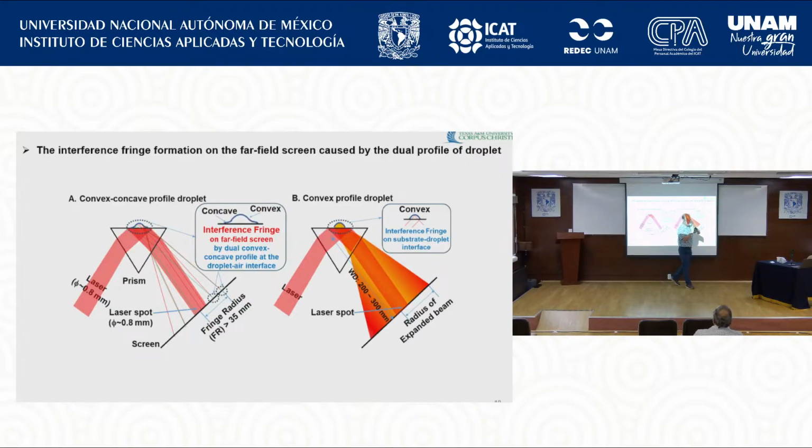If you have a convex profile, the beam would just be expanded without any interference fringes. That's the main focus of this research. So we analyzed why we have interference fringes in the far field, and the other characteristics.